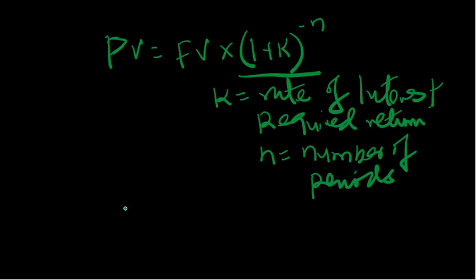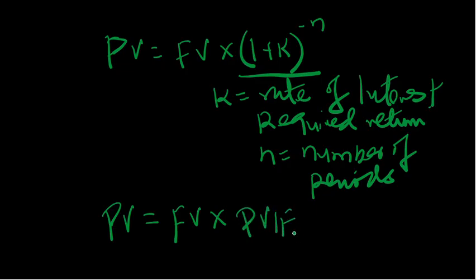So that is why if you find a formula that tells you that the present value is equal to the future value times the present value interest factor at the rate of interest k in n periods, this is still the same formula as this.